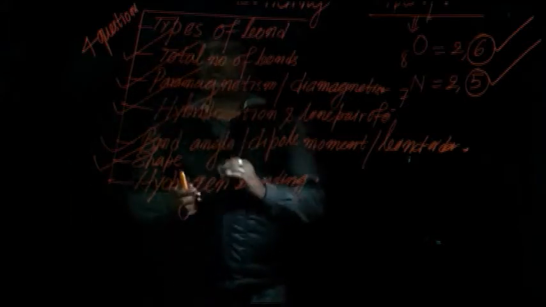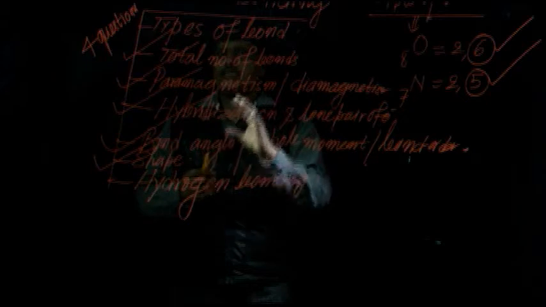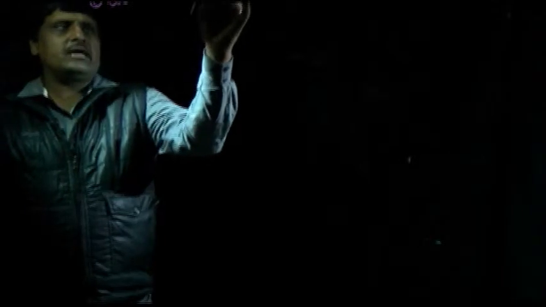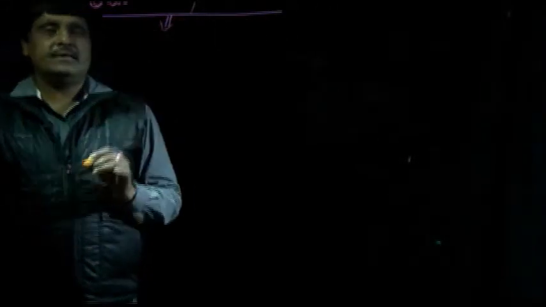The first bond which we study today is the electrovalent or ionic bond. So, first type of bond is electrovalent or ionic bond. How has this bond formed?